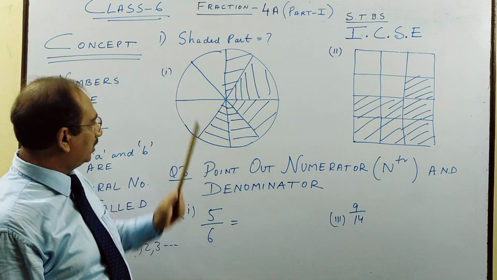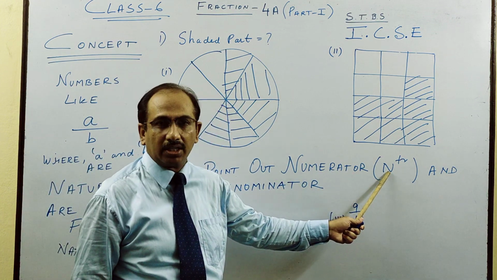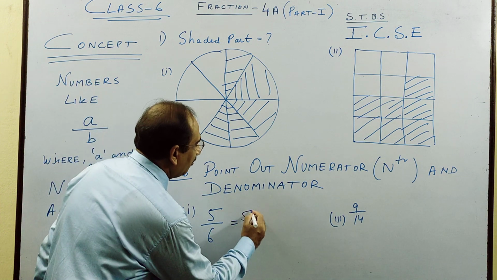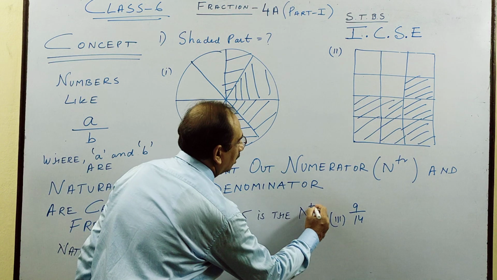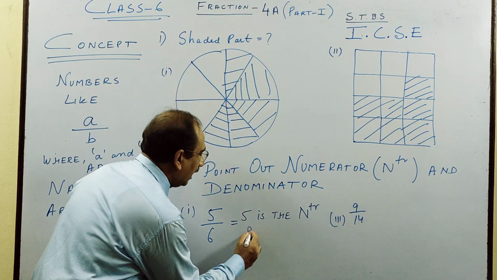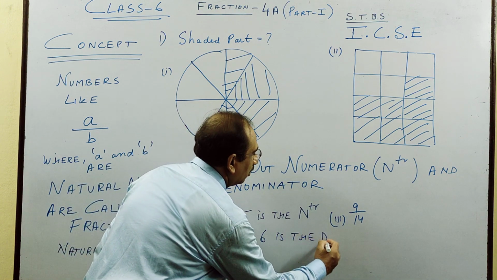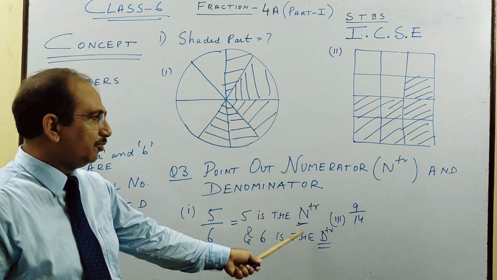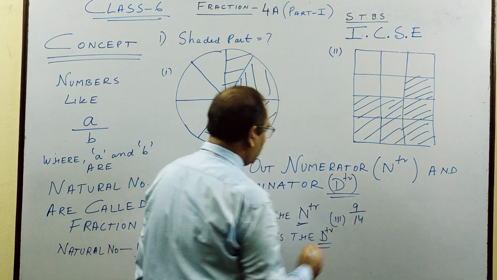So before I do question 1, I'll tell you question 3. Point out the numerator, in short I write NTR, and denominator. So 5 is the numerator. In short, you write the full word, you don't write NTR. I am writing in short, and 6 is the denominator. Your space is not there, therefore I am writing in short. This is denominator in short.